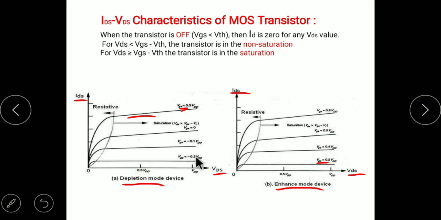If you remove these negative gate voltage curves, the remaining curves are similar to the enhancement mode MOSFET characteristics. That's why, from these curves it is clear that a depletion mode MOSFET can act as an enhancement mode MOSFET and as a depletion mode MOSFET transistor.